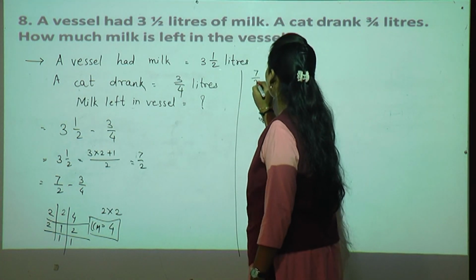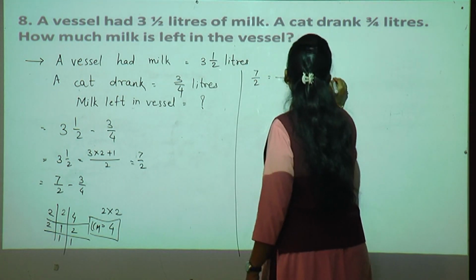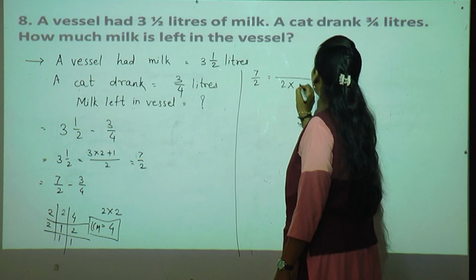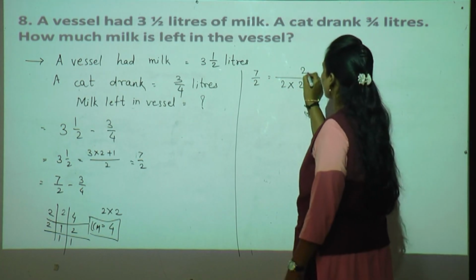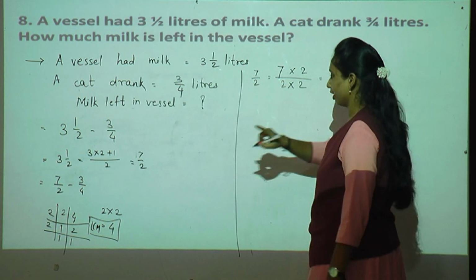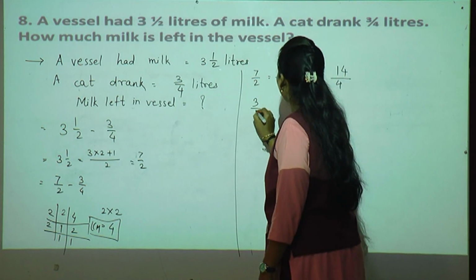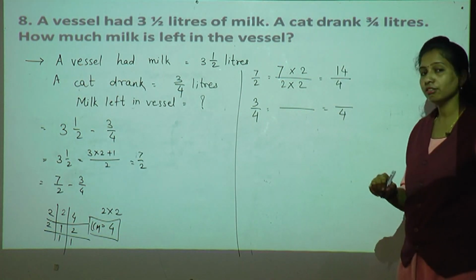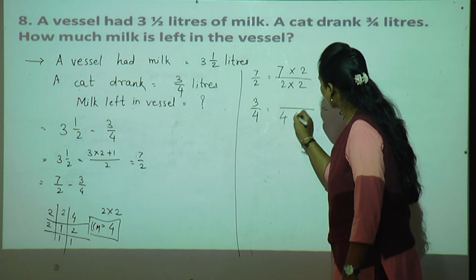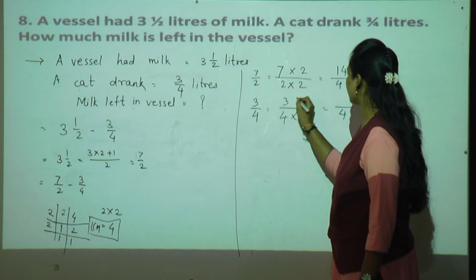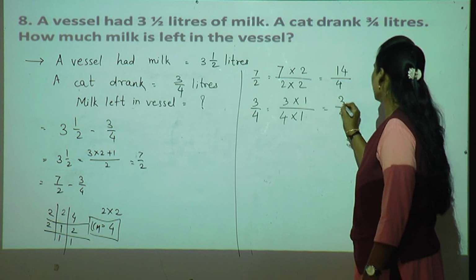First is 7 upon 2. Denominator should come 4. So 2 twos are 4, so here also 2, write 7 as it is, 7 twos are 14. Now next, 3 upon 4. So what should come in the denominator? 4. So 4 ones are 4, so 1 here also, and write 3 as it is, then multiply, 3 ones are 3.